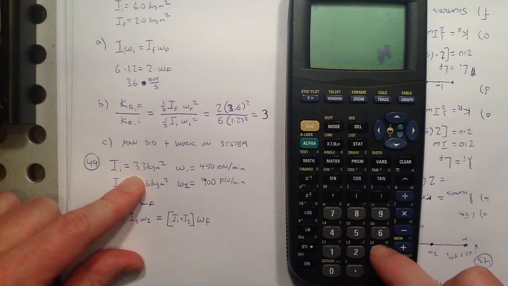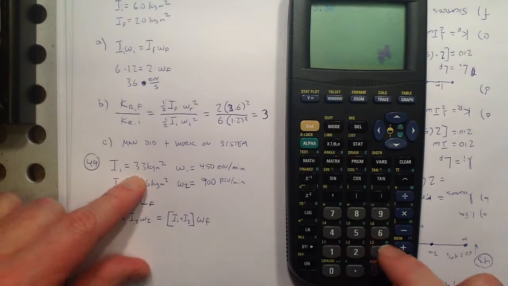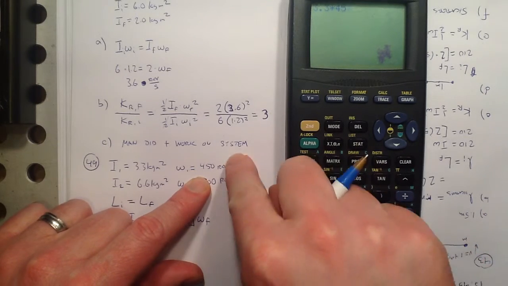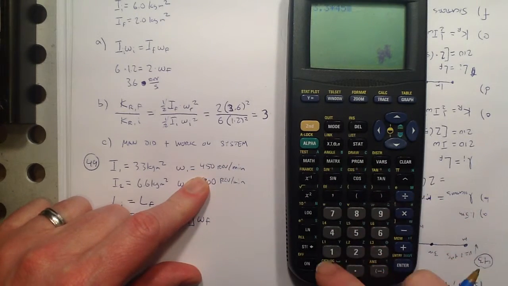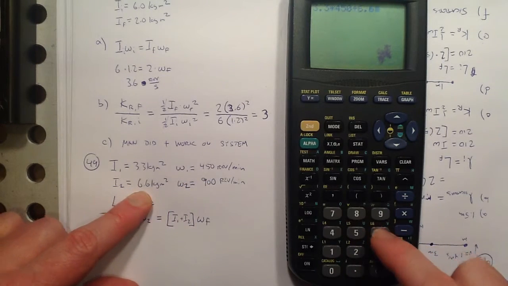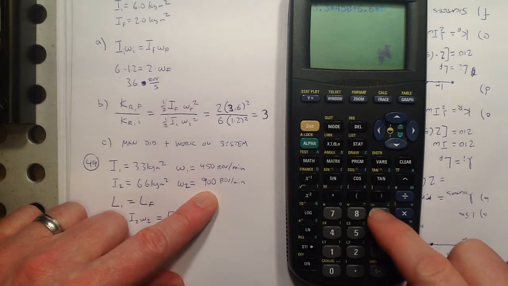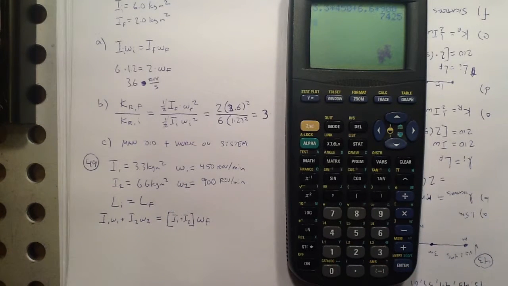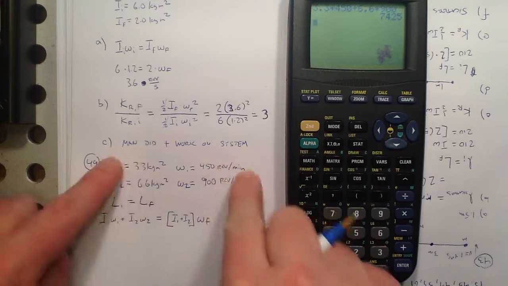Let's see, so 3.3 times 450 revolutions. These are the same units, so I think I'm going to be okay here if I use those units. Plus 6.6 times 900. That's the total rotational inertia in these units, right?